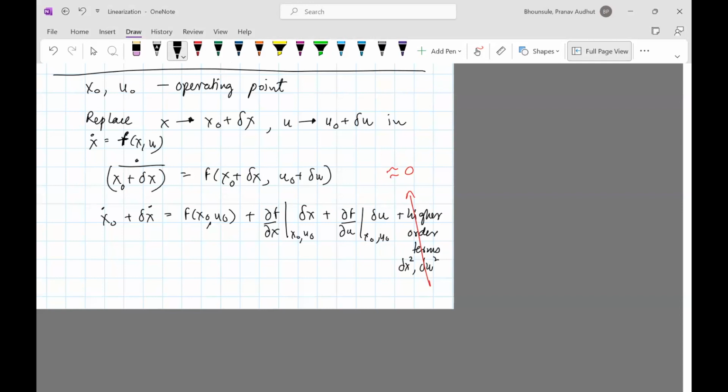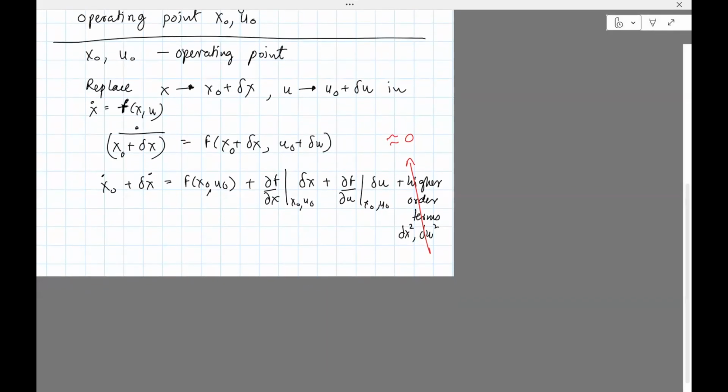Okay, so we can rewrite this as x0 dot plus delta x dot equals f of x0, u0 plus df/dx at x0, u0 delta x plus df/du delta u.